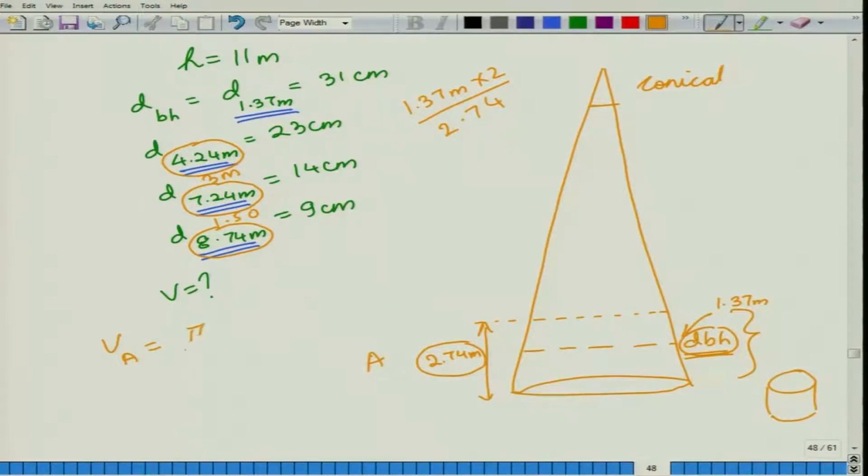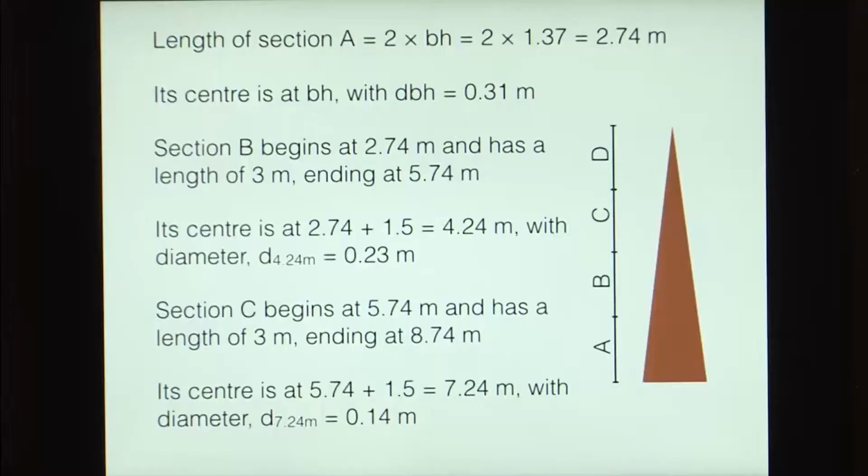The volume would be pi by 4 d square h, which in this case would be pi by 4. Here d in the central location is dBH, which is 31 centimeters, so 0.31 meters square into height, which is 2.74 meters. So, this would be the volume of section A.